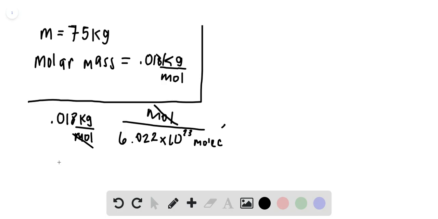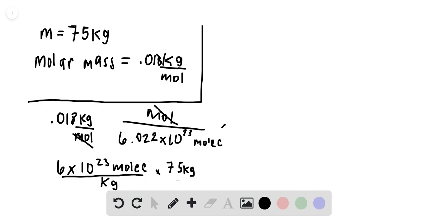So we can invert this fraction and say there's 6 times 10 to the 23 molecules per kilogram of the human. And then how many kilograms are there? There's 75 kilograms. So now, canceling out the units of kilograms, we're left with the number of molecules.